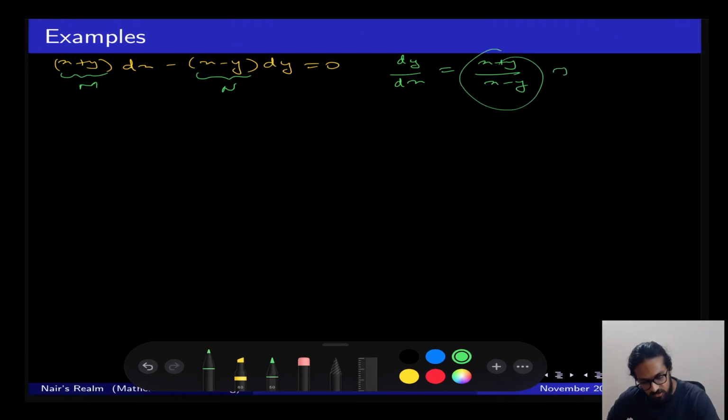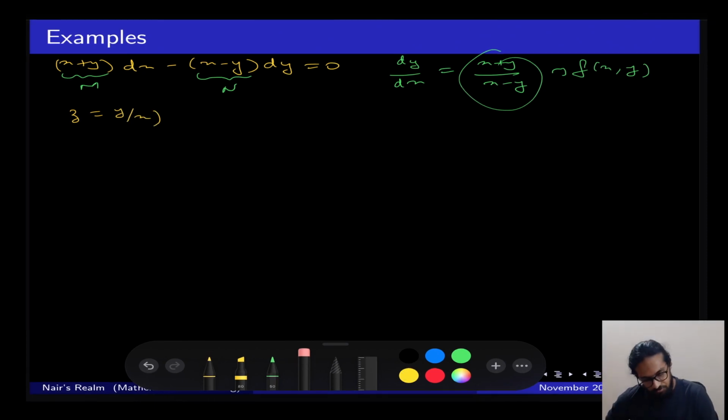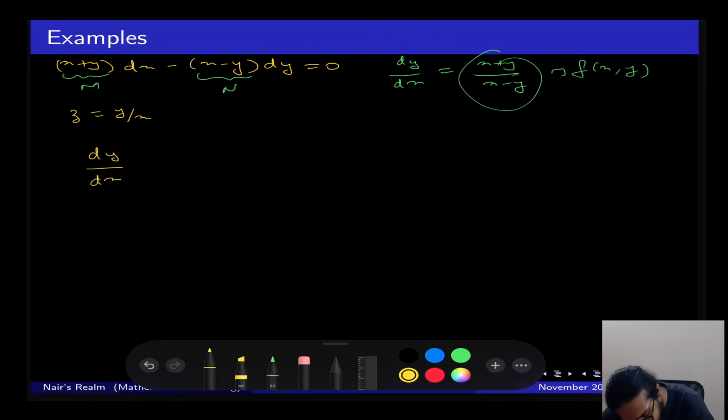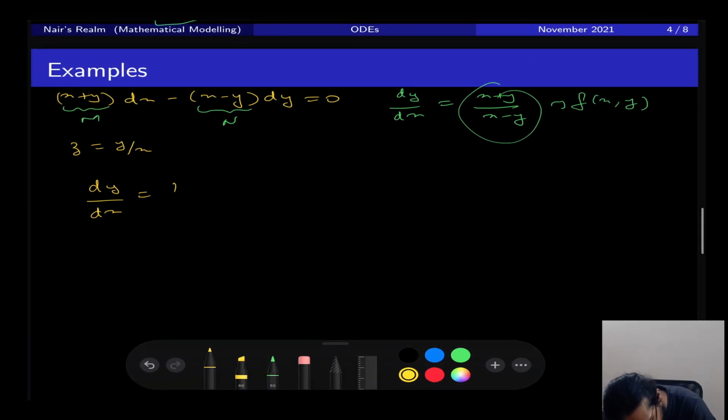So this function is actually f of x comma y. So now if I were to make the substitution z is equal to y by x, then what I'll actually get is dy by dx is equal to 1 plus z by 1 minus z.